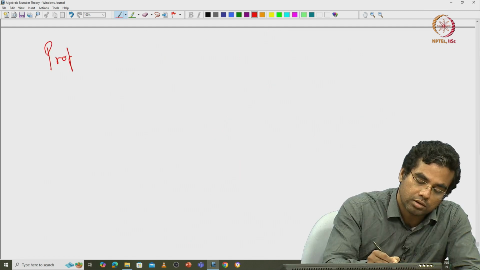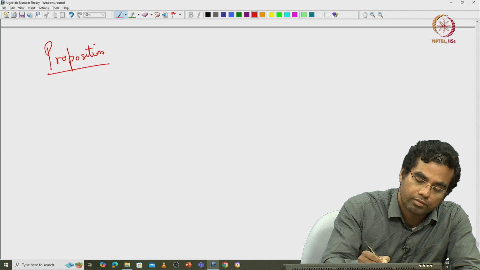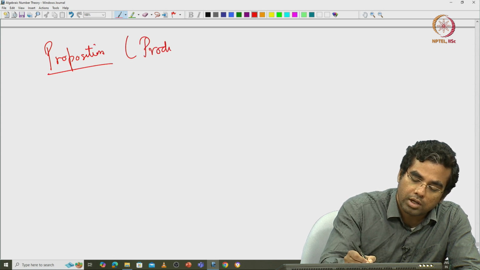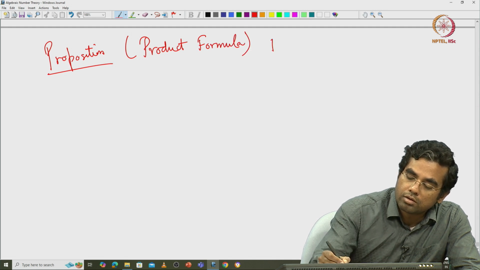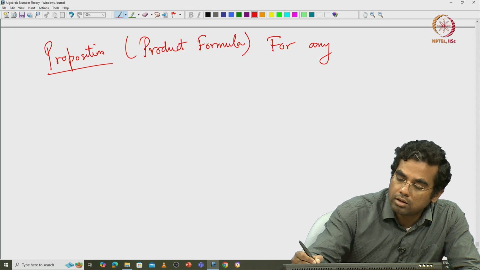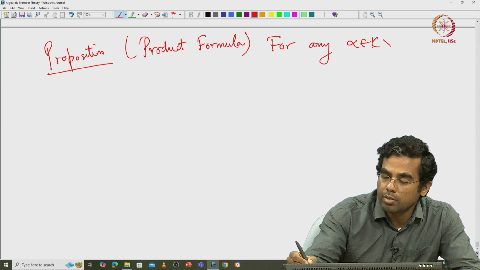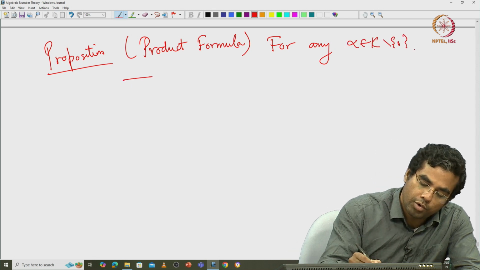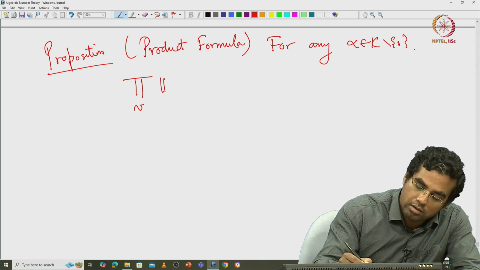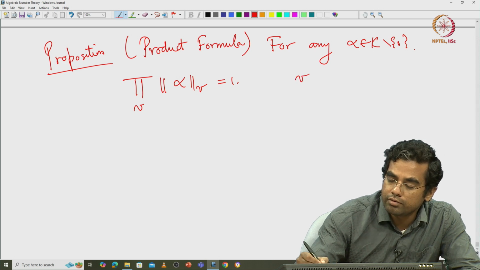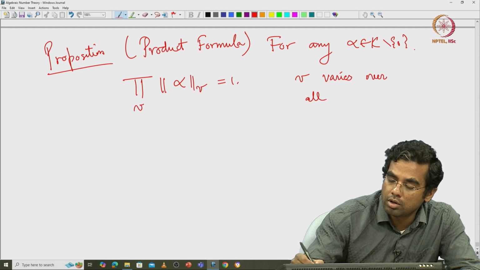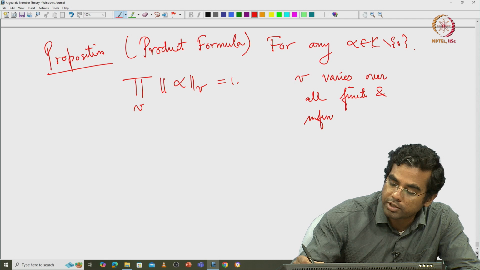Proposition, this is called the product formula. For any alpha in k minus 0, the product over all V of the valuations is equal to 1. V varies over all finite and infinite places.